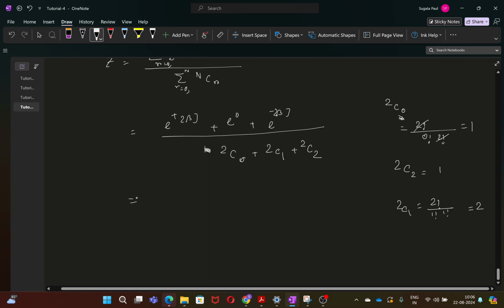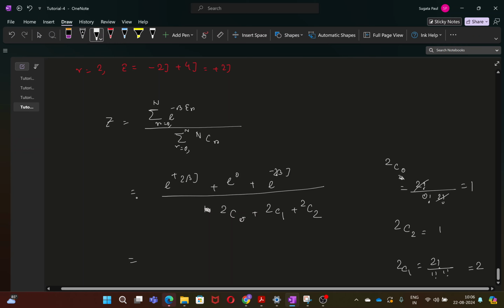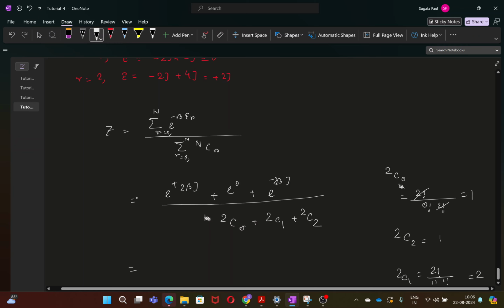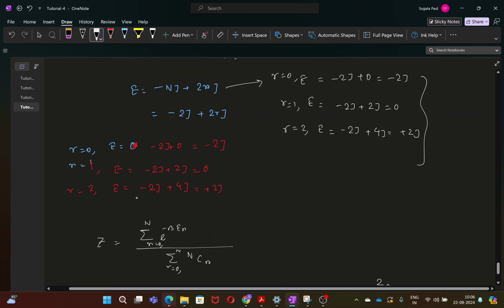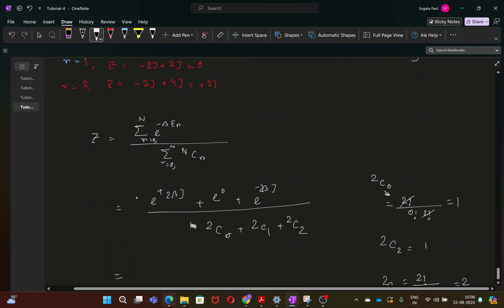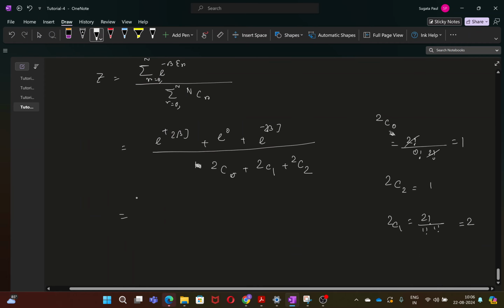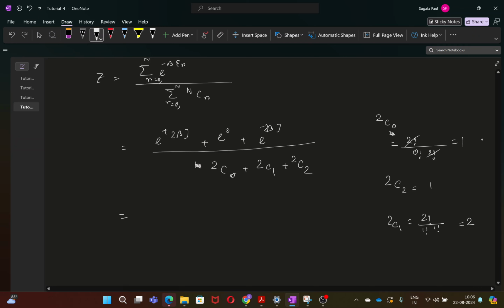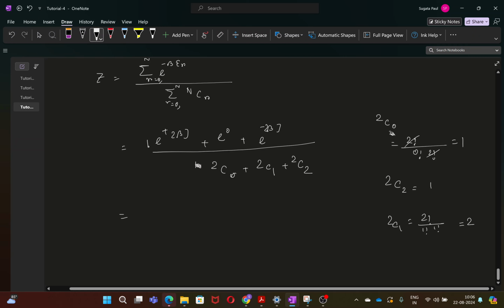Also, yes, I think I missed one thing: you have to include the weight, not only the e to the power of minus beta j term, but also how many times each term appears. Like for e to the power of plus beta j, it only appears one time because here 2C0 is 1, so this is 1 times this term. Then for 2C1, you get that 2C1 is equal to 2.